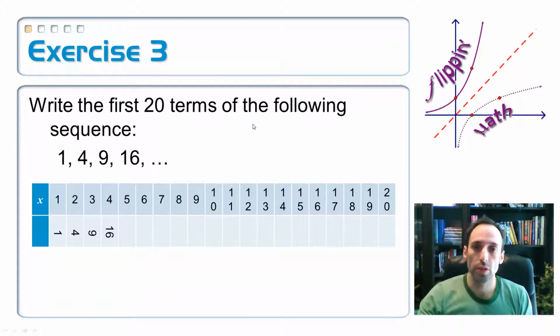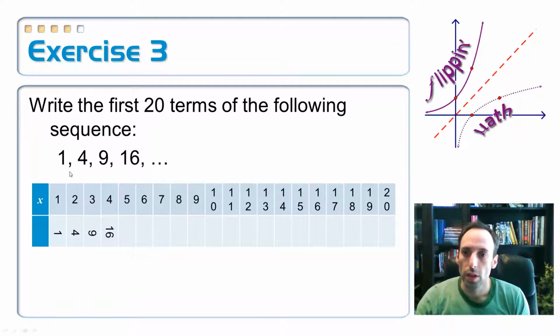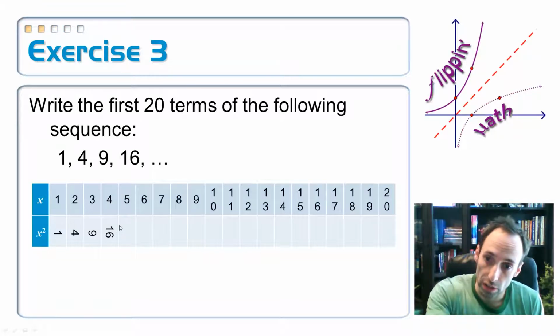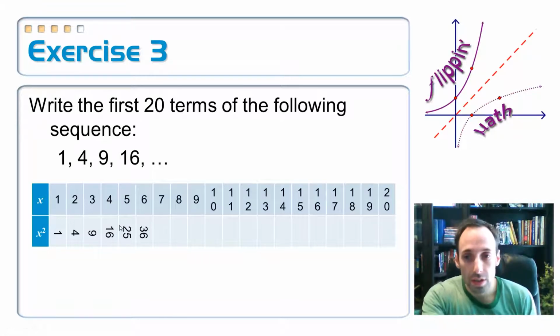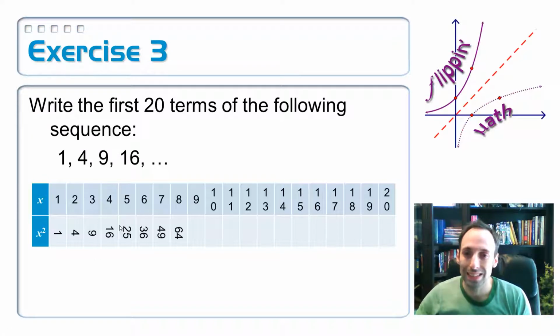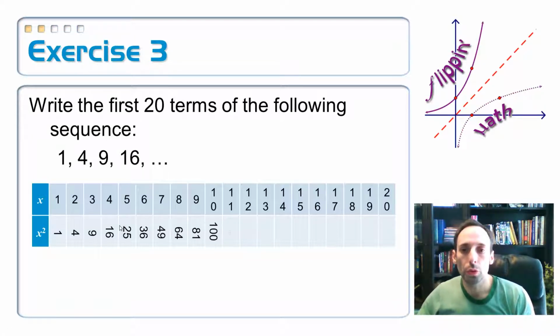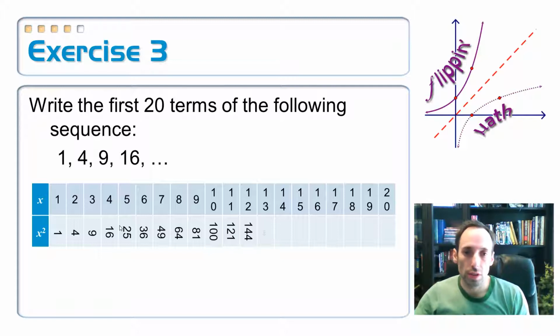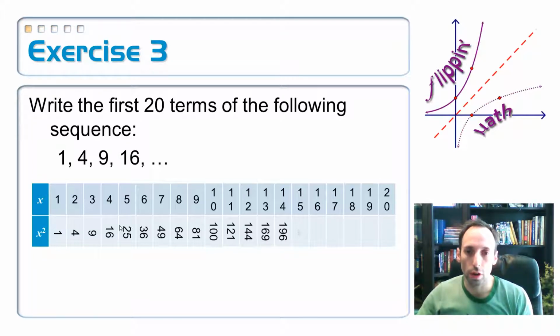So to start us out, since we're talking about perfect squares, let's look at this sequence. We've got 1, 4, 9, 16 organized in this table here. The next one would be 25, and then 36, and then 49. I think most people know their perfect squares up to at least 12 squared being 144.